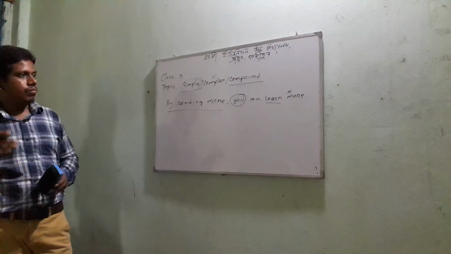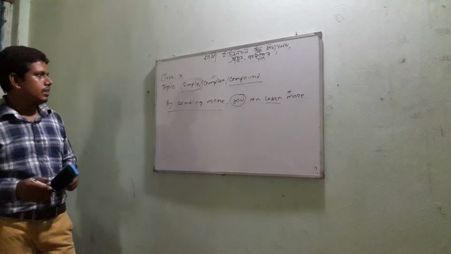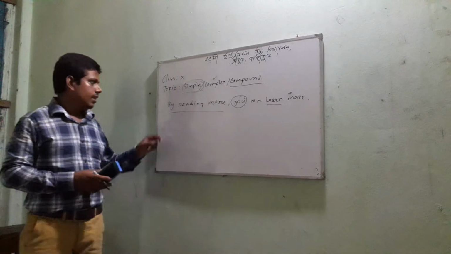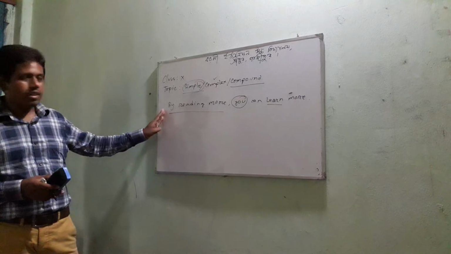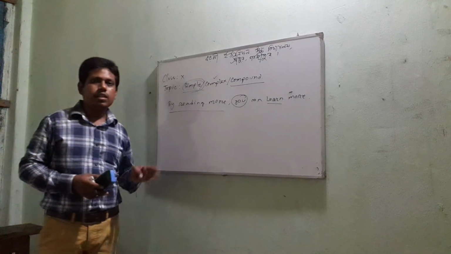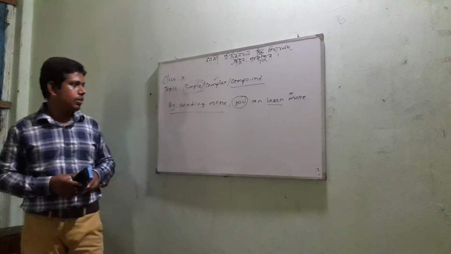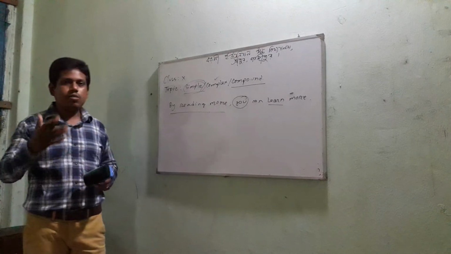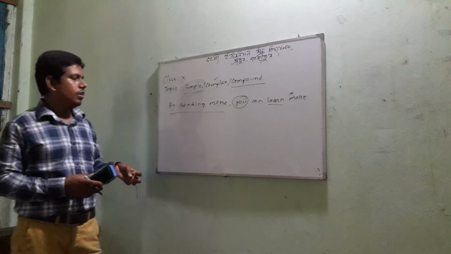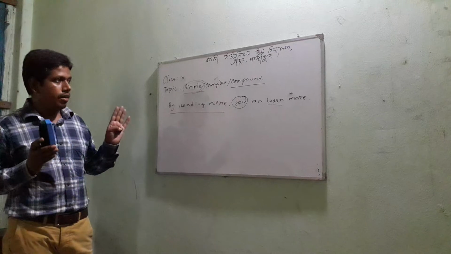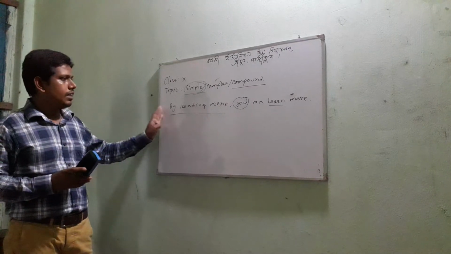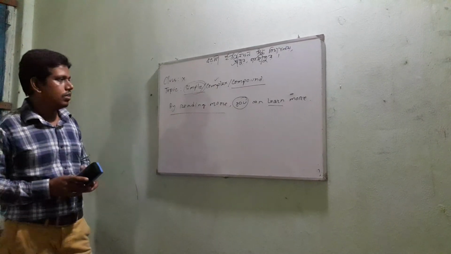This is a simple sentence. You can also know about a simple sentence in this way: there will be no reference of coordinating conjunction, no reference of subordinating conjunction, and no reference of correlative conjunction. Most probably, this is a sentence without any conjunctions.